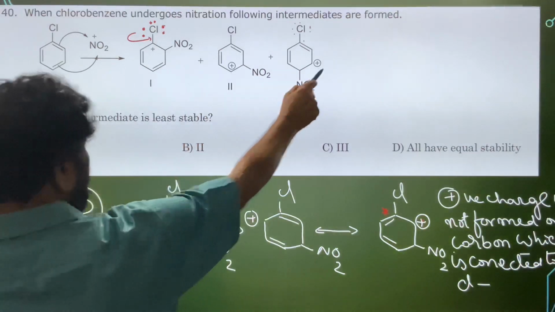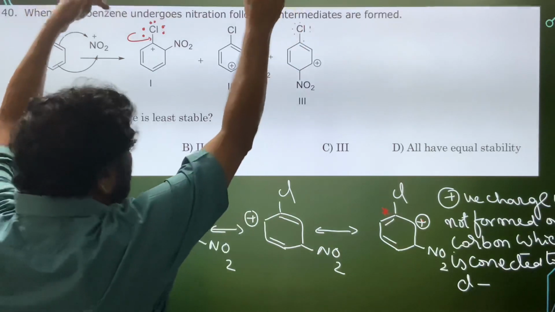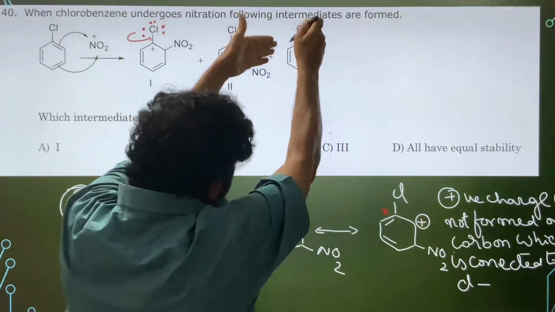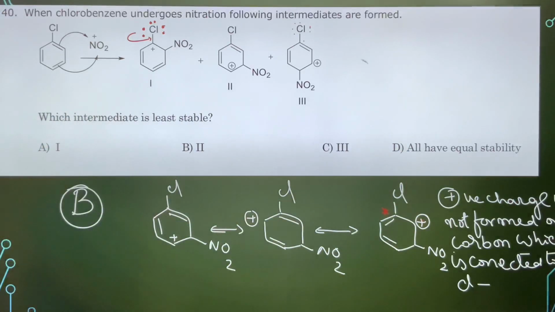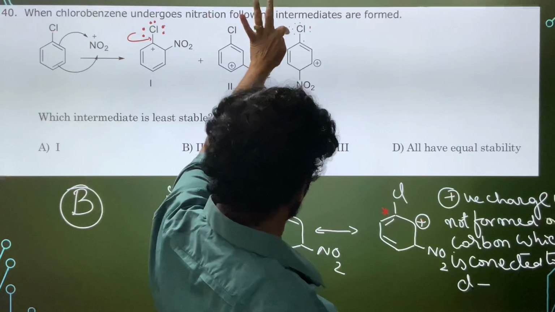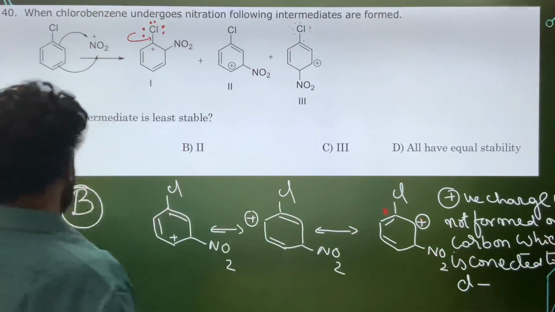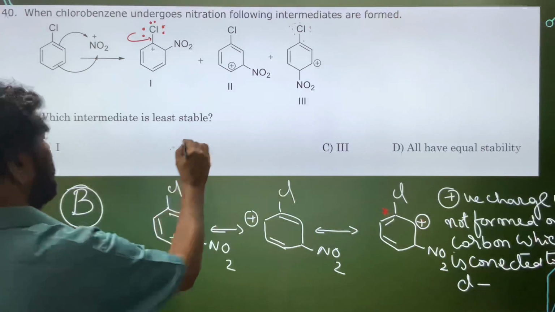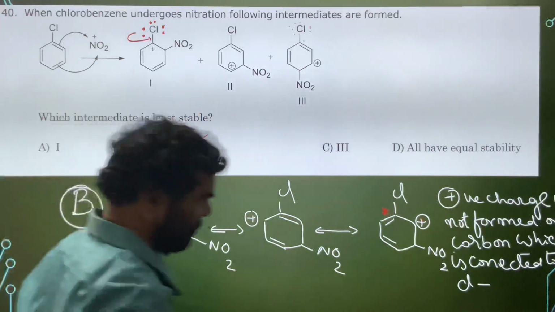In the other two cases, 1 and 3, chlorine is stabilizing the carbocation through back bonding. So only 2 is the least stable among the 3.